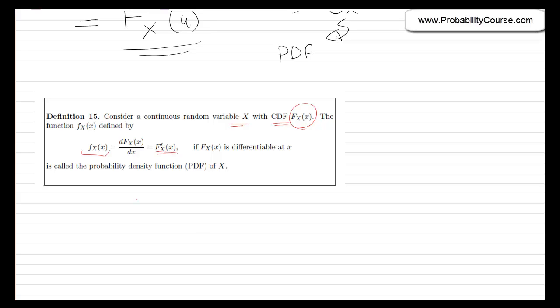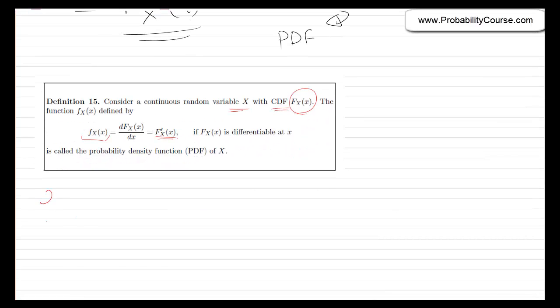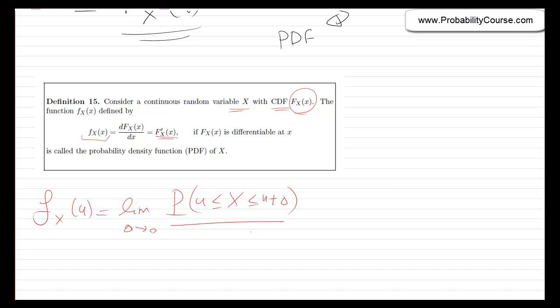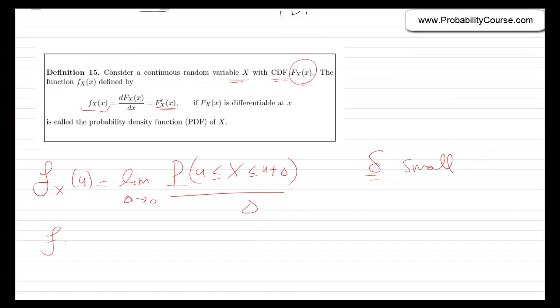But what does it mean intuitively? If we look at the definition that we had here, we define fX of any value u as the limit as delta goes to 0 of the probability that x is larger than u and less than u plus delta, divided by delta. So if you choose a small delta, fX of u, the PDF, is approximately the probability that x is larger than u and less than u plus delta, divided by delta.